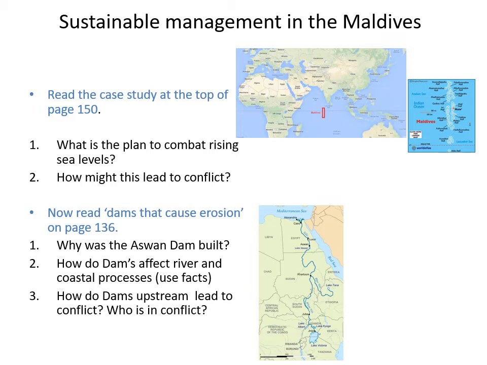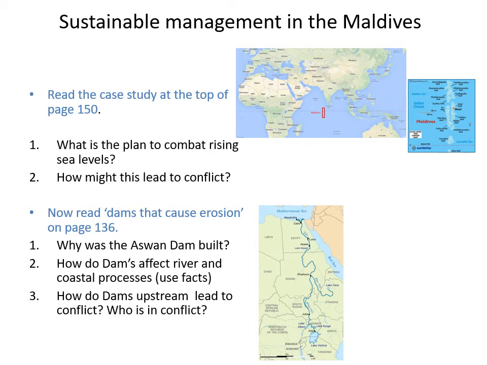And then we talked about an example of dams. Dams are really important in understanding the coast. So not only do they have water issues, and we'll look at that in the water unit next year, but they also trap sediment. So if you build a massive dam like the Aswan Dam, it stops sediment getting to the coastline.